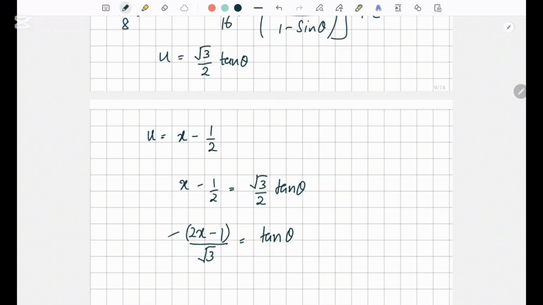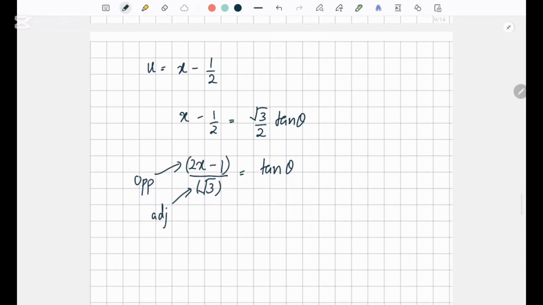Now your numerator is your opposite side and your denominator is your adjacent side, right? So we need to find the hypotenuse. The hypotenuse is root of 2x minus 1 squared plus 3, right?